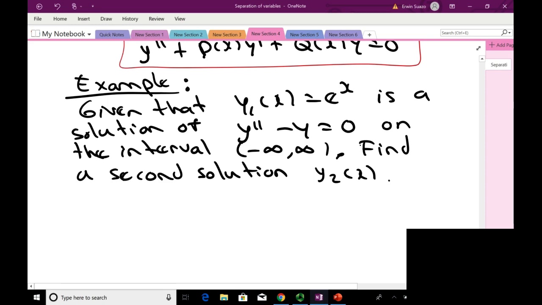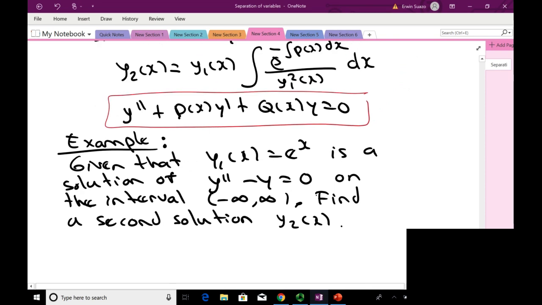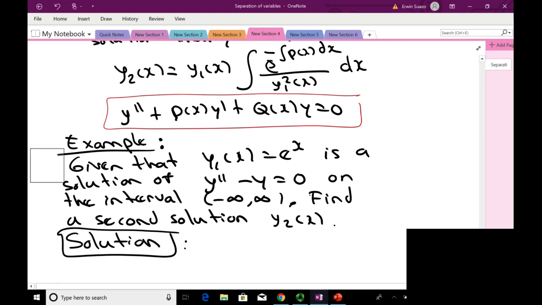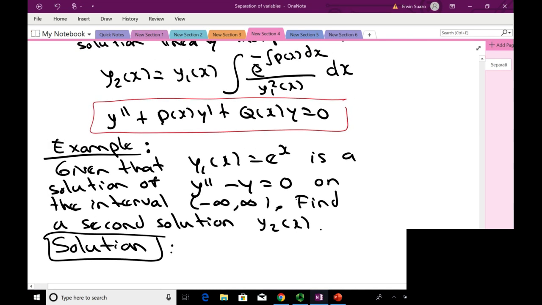Okay. So what are we gonna do? We use this formula over here. y1 of x is e to the x, right?